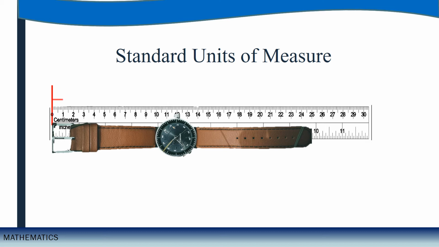Let's go. 1, 2, 3, 4, 5, 6, 7, 8, 9, 10, 11, 12, 13, 14, 15, 16, 17, 18, 19, 20, 21, 22, 23, 24, 25. Amazing. And there we have our end point. The watch is 25 centimeters.